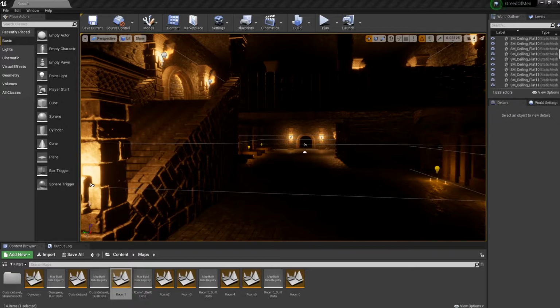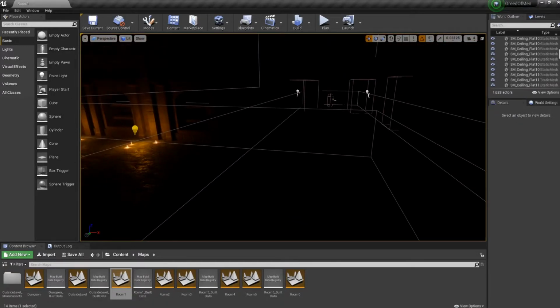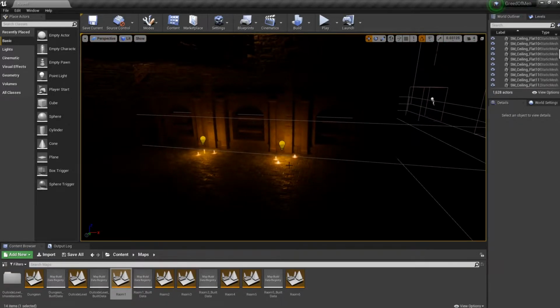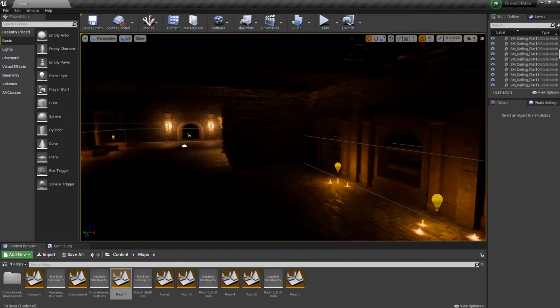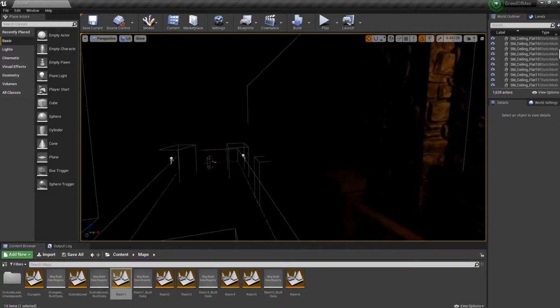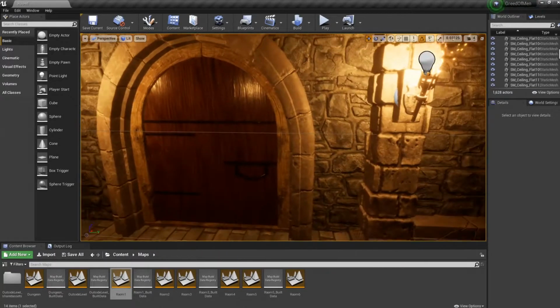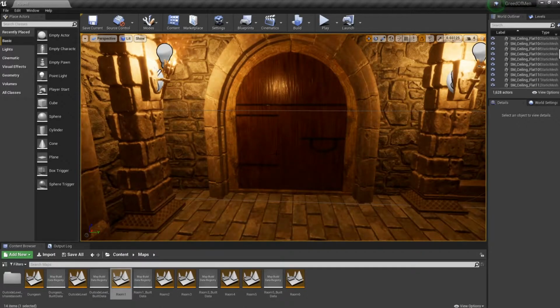I added the keys, not in this level, but there are keys in another level which are used for puzzles. So the player has to find those keys to open gates. And I have doors in my level. It's this one. It cannot be opened.